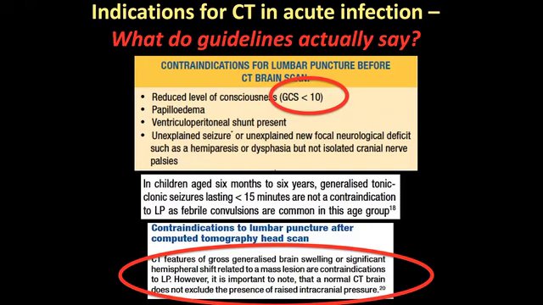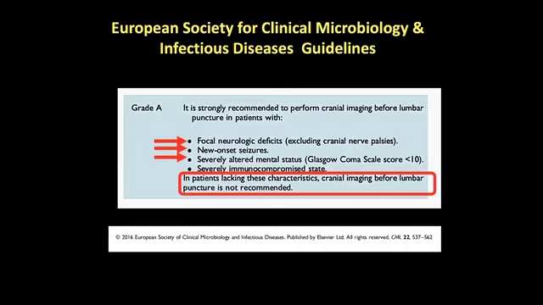And they also specifically talk about CT features of gross generalized brain swelling, but also that it's important to note that a normal CT brain doesn't exclude the presence of raised intracranial pressure. And if we look at the most recent guidelines from the European Society of Clinical Microbiology, again, they're talking about a GCS of less than 10.